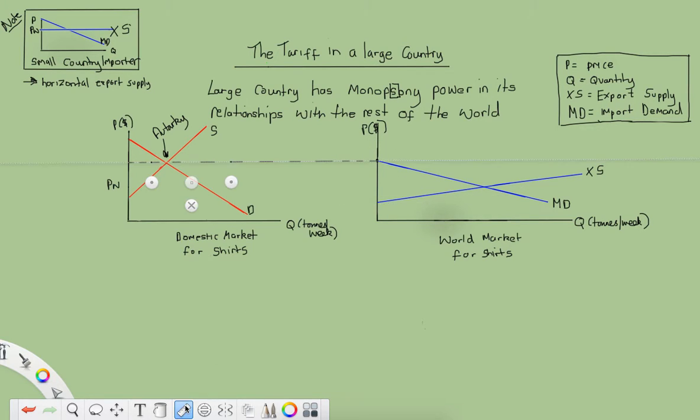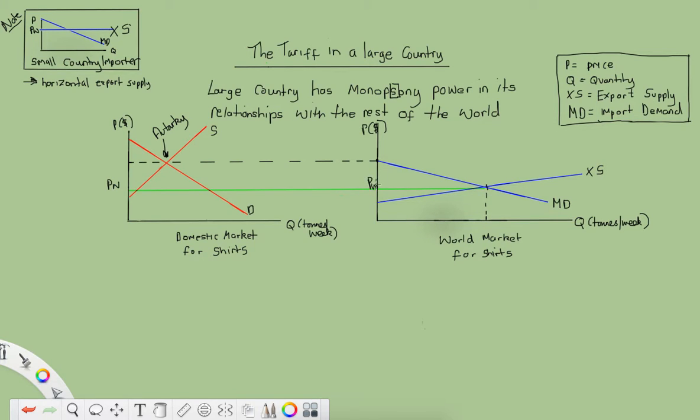Let's see what the world equilibrium is, which we can find in the world market. It's about there. So let's just draw the world equilibrium. You can see we have equilibrium that is established at this particular point, and then we have an equilibrium quantity of exports and imports traded.